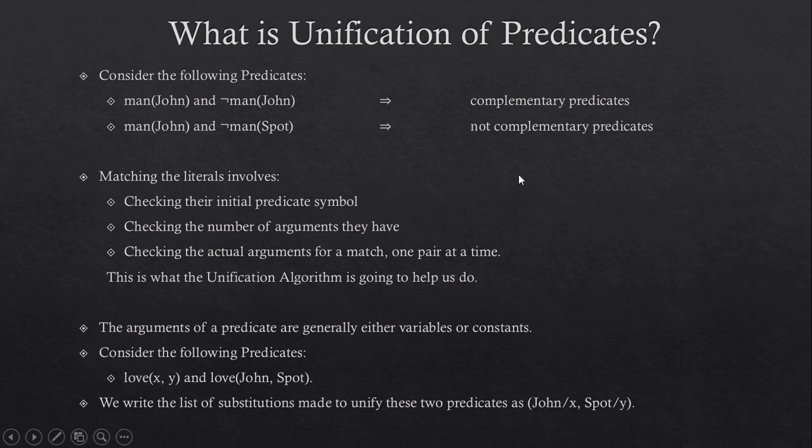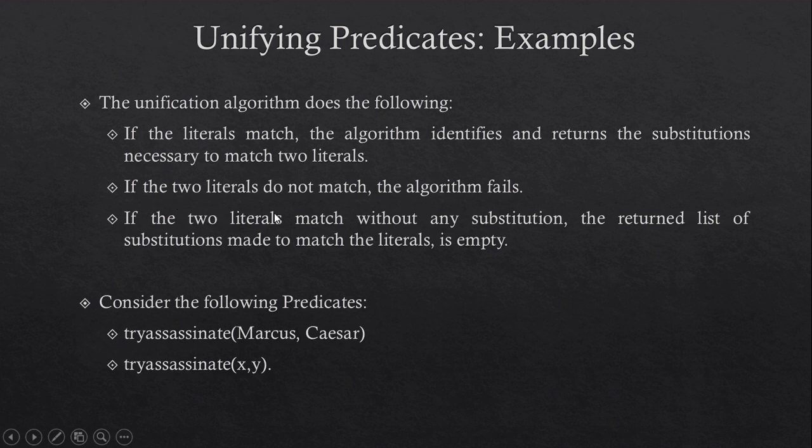What the unification algorithm does is that it identifies the substitutions that may be necessary to match the two literals if they do. If the two literals do not match, the unification algorithm fails. If the two literals match without any substitution, the list of substitutions made to match the literals is empty.